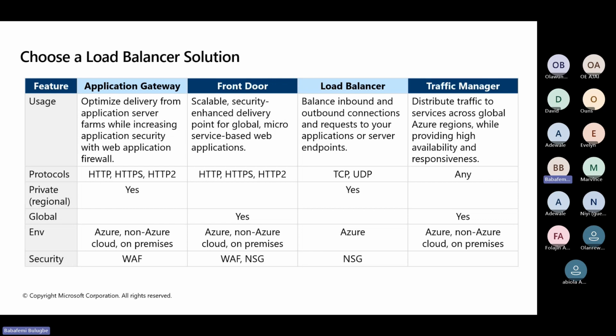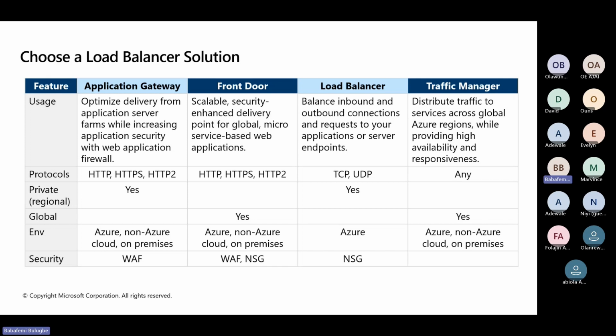And that's actually like the same thing this guy does. So it distributes traffic across different services, within the region. So all these are just different load balancer solutions you can choose from. All these guys take inbound traffic and distribute it across the workload that is hosting your application.